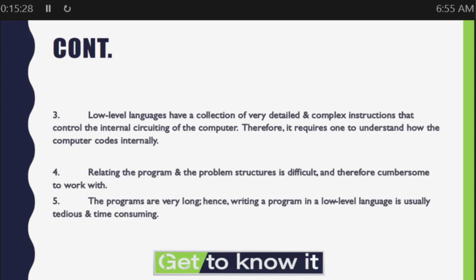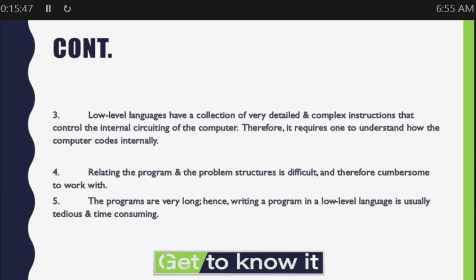So remember, you are writing in machine language, which uses zeros and ones, and to represent a specific character you need at least 7 to 8 digits.